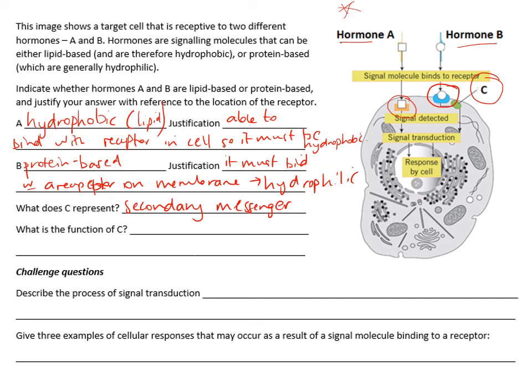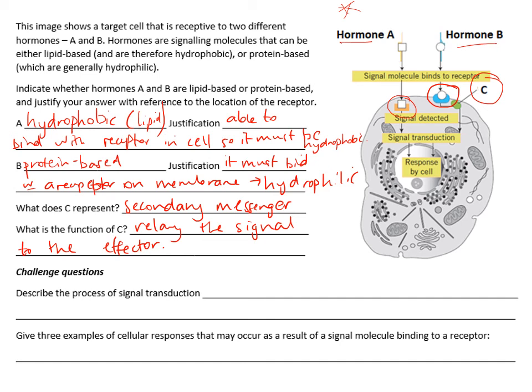And the function of C would be to relay the signal to the effector. Okay, so it's basically that gap between the reception and the response.